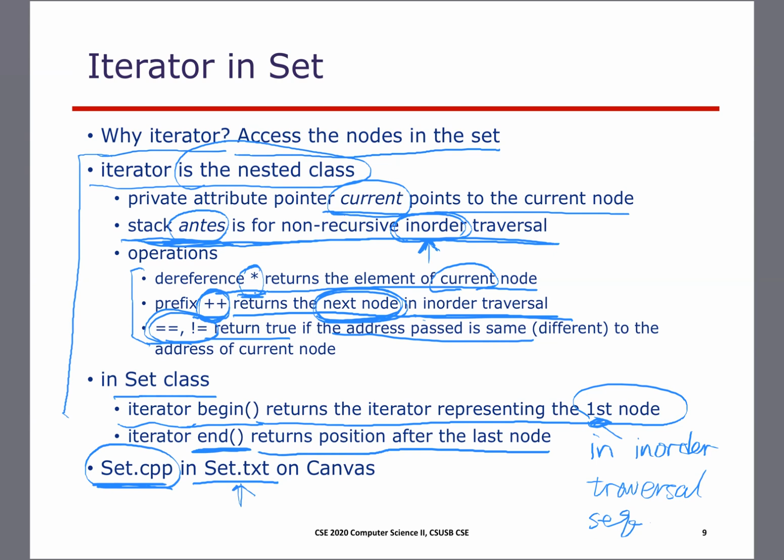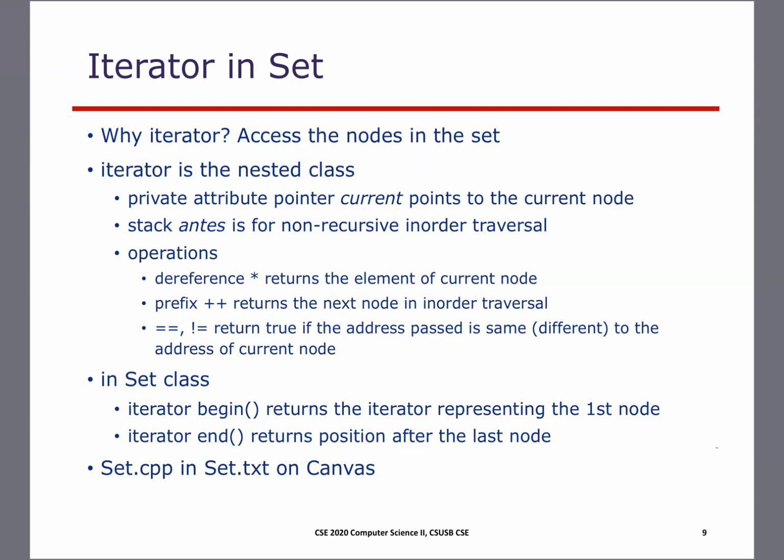Okay, now let's briefly review the prefix increment operator defined in the iterator. Now I will stop sharing this and share the code file. Its name is set.txt.